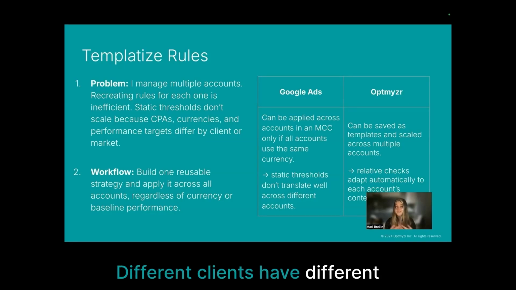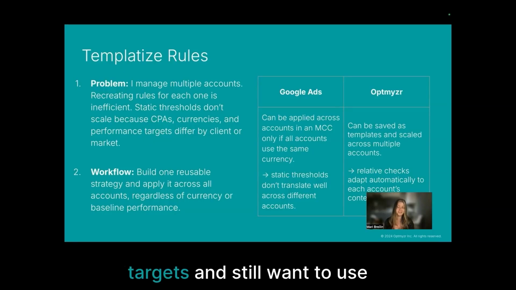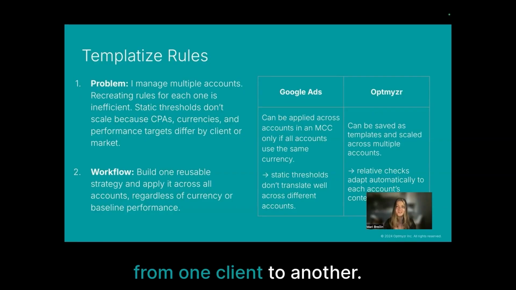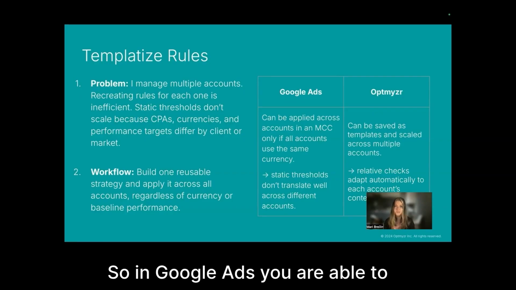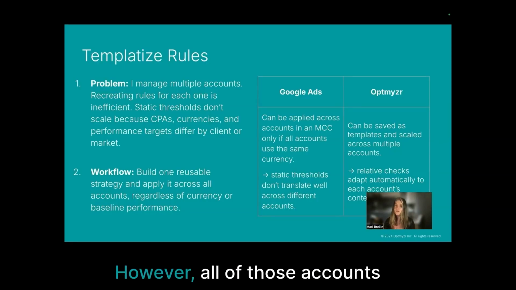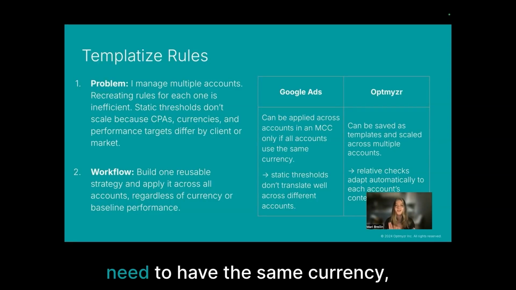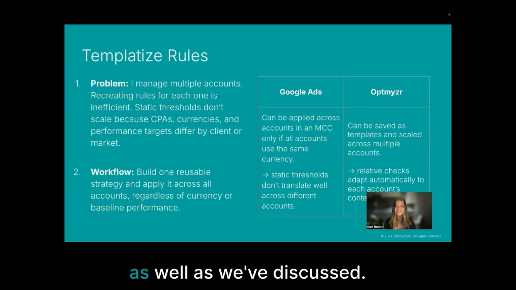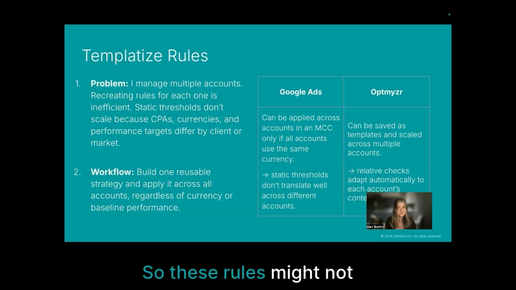Different clients have different targets, and I still want to use a rule that can be scaled from one client to another. So in Google Ads, you are able to build rules that run at the MCC level. However, all of those accounts need to have the same currency. And there are other restrictions as well, as we've discussed. So these rules might not be very scalable by nature.